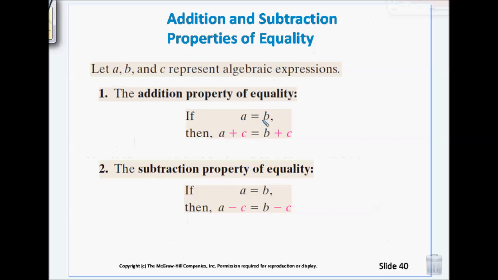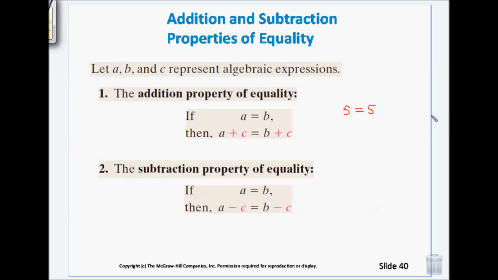It says that if I have 2 things and they're equal, I can add the same thing to both sides and it's still equal. We agree this is true, right? Likewise, if I have 2 things that are equal, I can subtract the same thing from both sides and they're still equal. Really simple example: 5 equals 5.